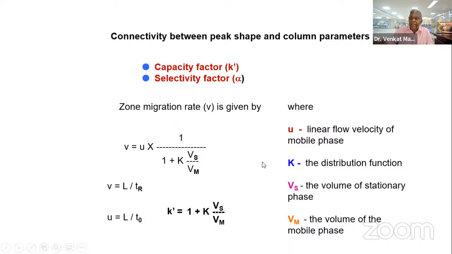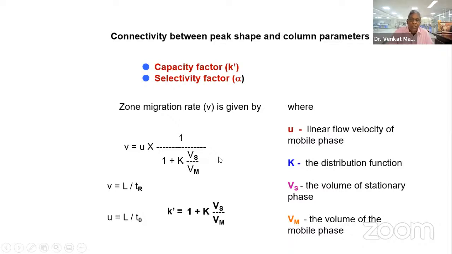Then, when the mobile phase, which carries your sample, comes in contact with the stationary phase, part of the sample is distributed between the mobile phase and the stationary phase. Volume of stationary phase, volume of the mobile phase.